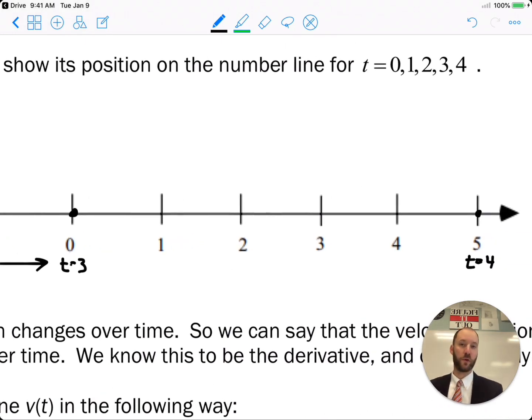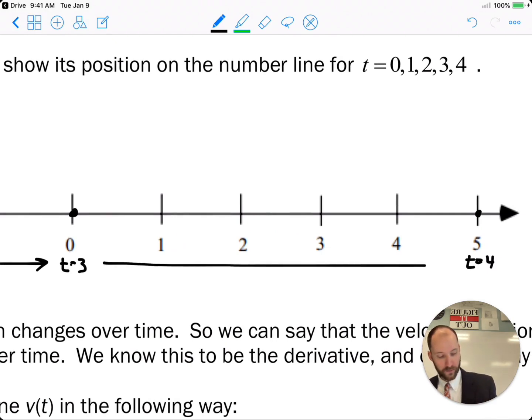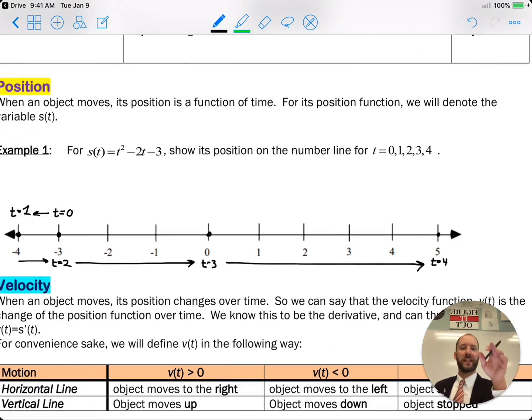Then from 3 to 4, going even further, it's sped up even more. So if you wanted to graph it, it's almost a parabolic shape. There's a turning point. We're going left and then right again.